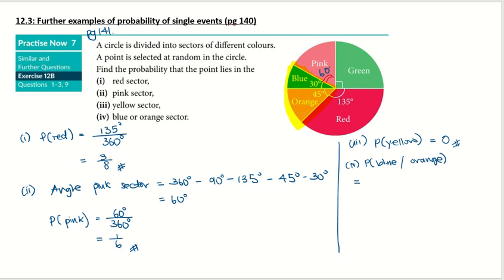As long as the pointer lands on blue or orange, it's what you want. That's the favorable outcome. That also means I need to add up the total sum of my angles, right? So 30 plus 45 gives you 75 degrees over the total angle, which is 360. Simplifying your answer, 5/24. Full stop.